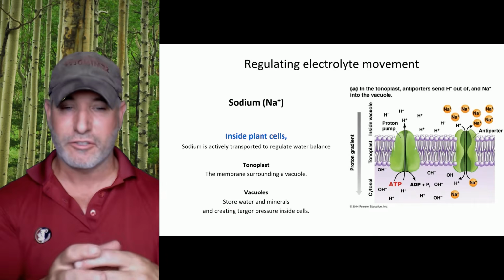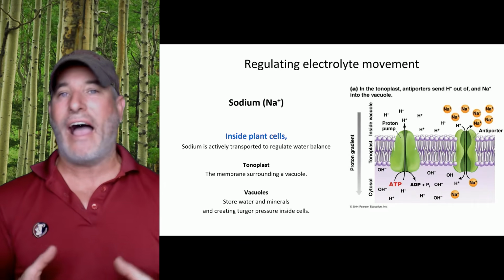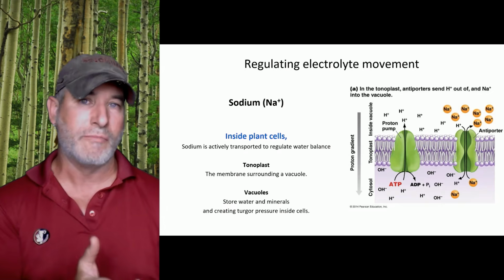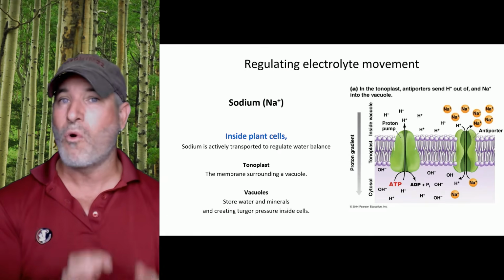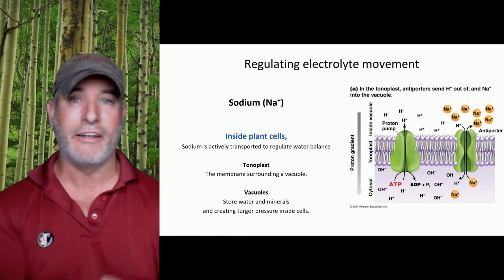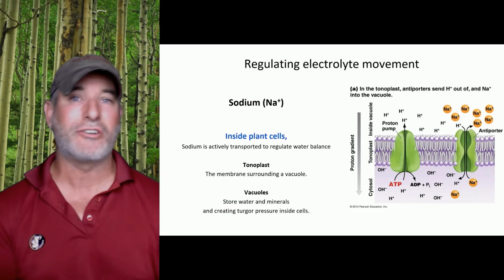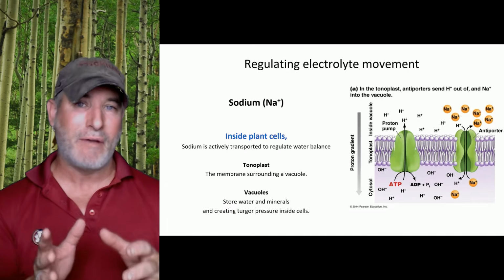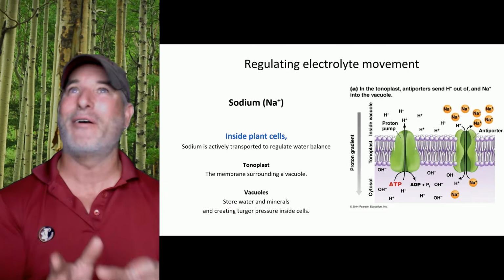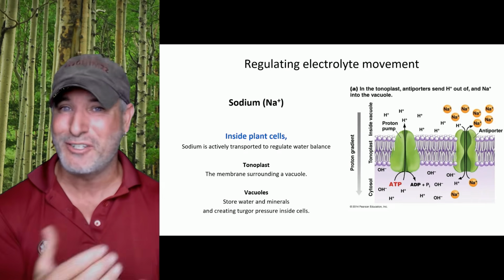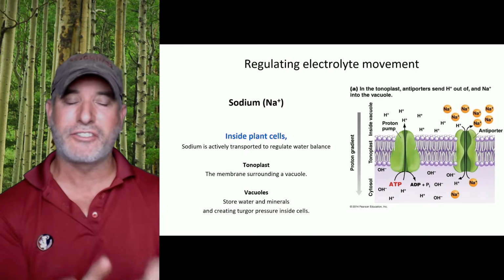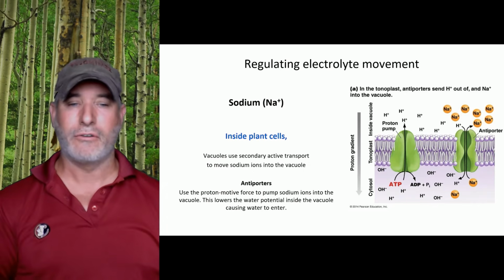They need the vacuoles to swell with water. So vacuoles, they store water, they store minerals. And if you need to get more water into a cell and into a vacuole, what do you do? You lower the water potential. And one way to do that is by moving sodium. I know I just said that you exclude sodium, but sometimes you need to. You can move that sodium into the vacuole.